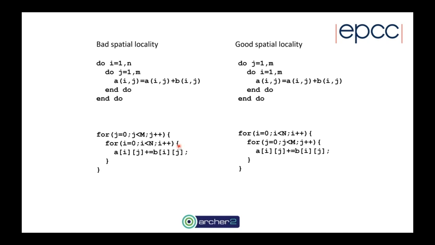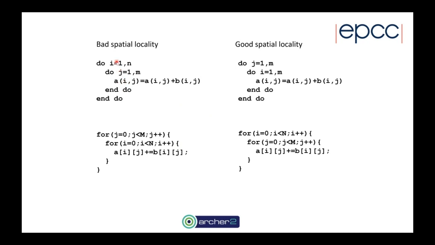Now, of course, I'm sure many of you are aware of this, the nasty thing is that the way you do this varies between C, C++ and Fortran. In Fortran, the leftmost array index is what's stored contiguously in memory, so stored in a single chunk in memory.